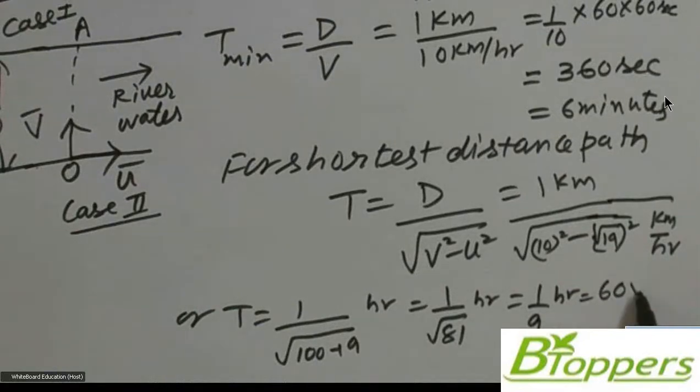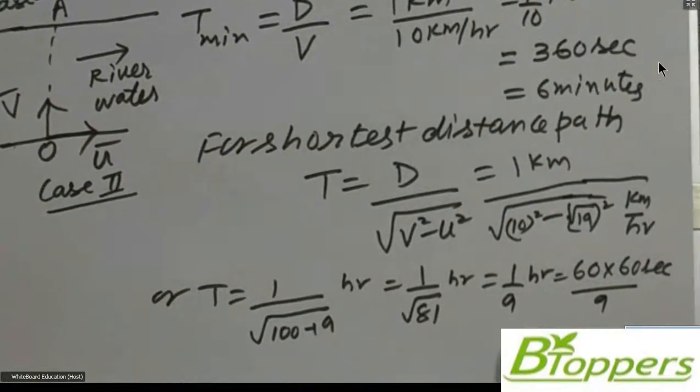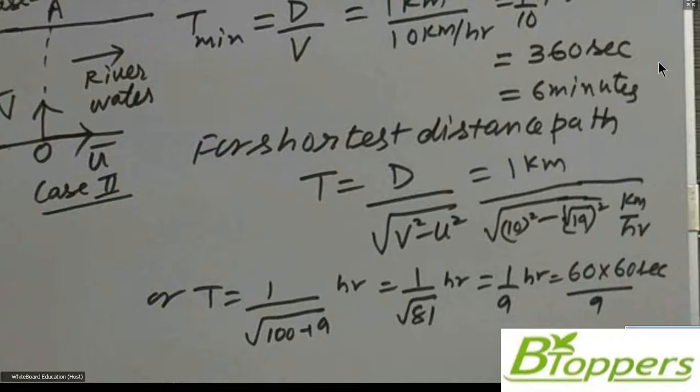So 1 hour is 60 minutes, or 60 into 60 seconds, divided by 9. So the time taken by the boat or swimmer to cross the river along the minimum distance path will be 400 seconds. That means the minimum time needed to cross the river is 6 minutes.